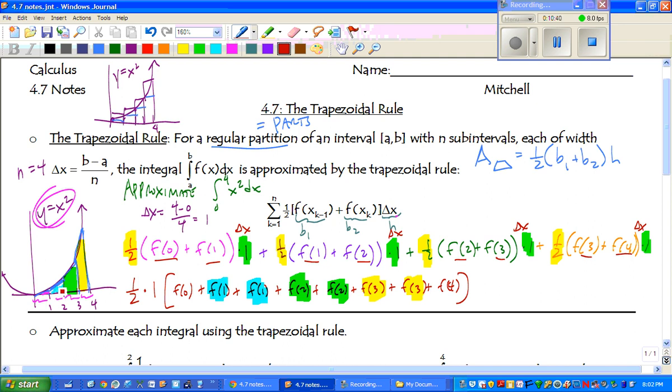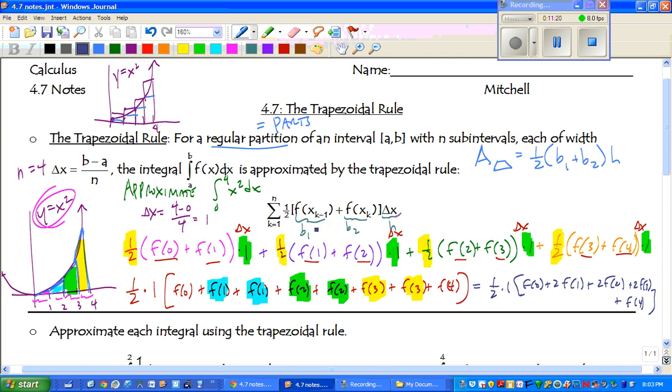F of 2 is part of this blue trapezoid, and f of 2 is also a base of the green trapezoid. So all the ones in the middle happen twice, the ones on the end only happen once. So here we get 1/2 times 1 times f of 0 plus 2 times f of 1 plus 2 times f of 2 plus 2 times f of 3 plus f of 4.